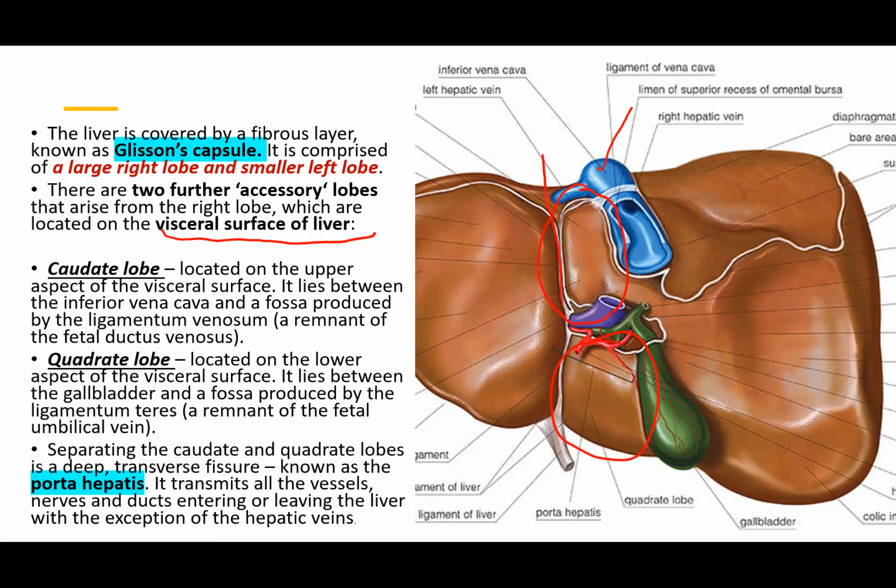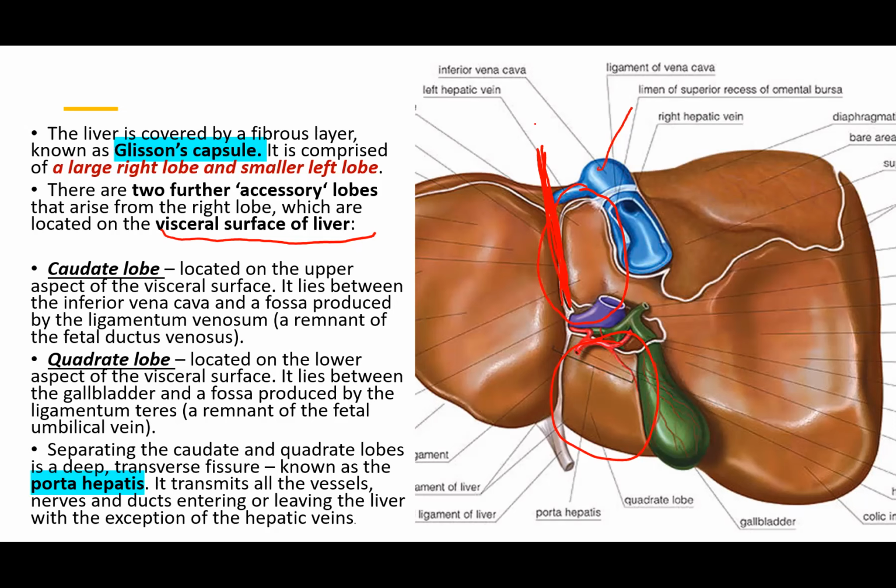Now, this fossa is produced by the remnant of the fetal ductus venosum, so the ligamentum venosum. So it is very important for multiple choice questions. The caudate lobe is located between the inferior vena cava and the ligamentum venosum. Okay? The fossa produced by the ligamentum venosum.